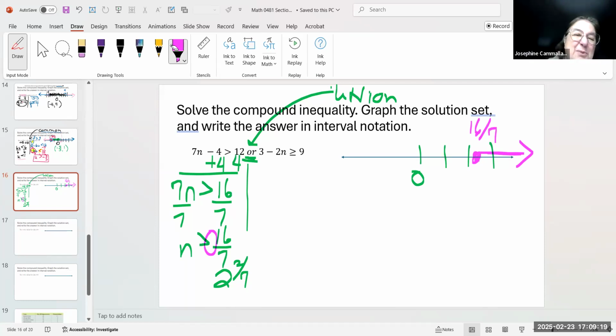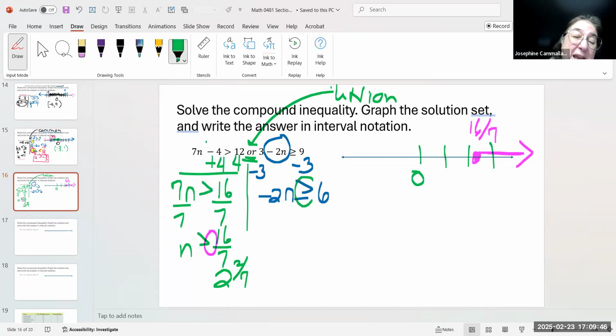Well, this one. And, we're going to subtract 3 on both sides. Now, notice what I have right here. I have a negative 2n is greater than or equal to positive 6.